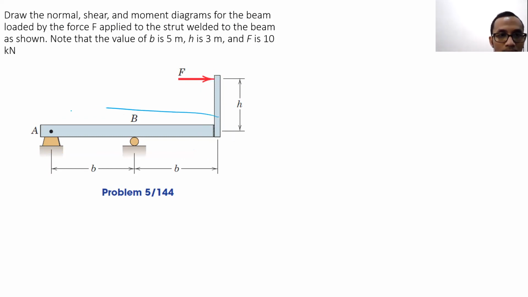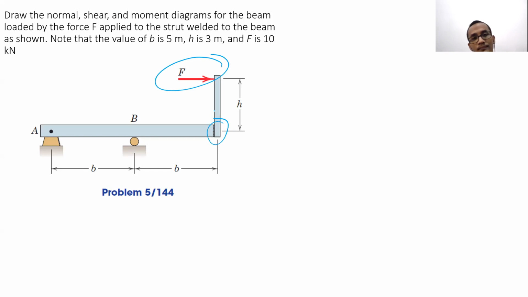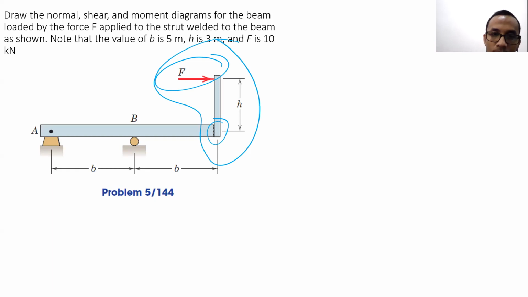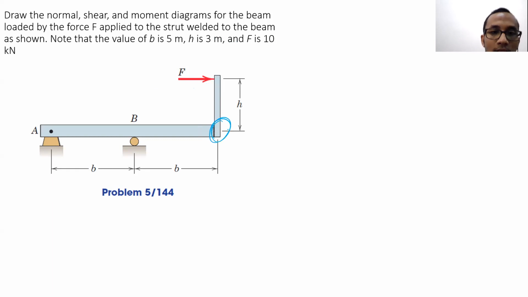Because the beam in question is just this one, what you're supposed to do is to represent this particular force which is happening at the strut to this location. So basically we just need to draw this particular free body diagram to represent the force at this location.